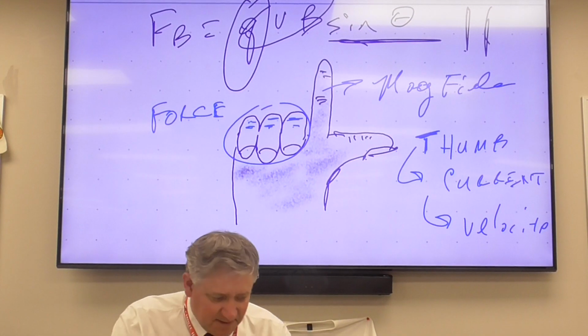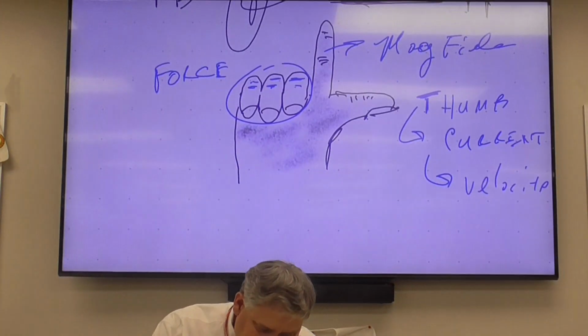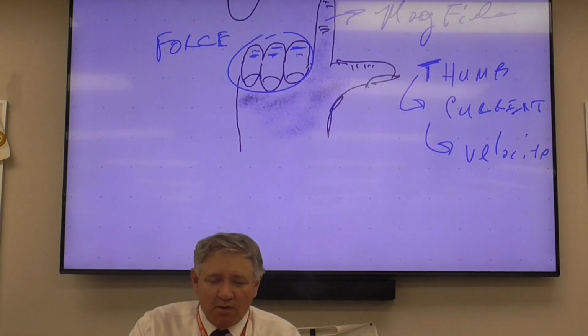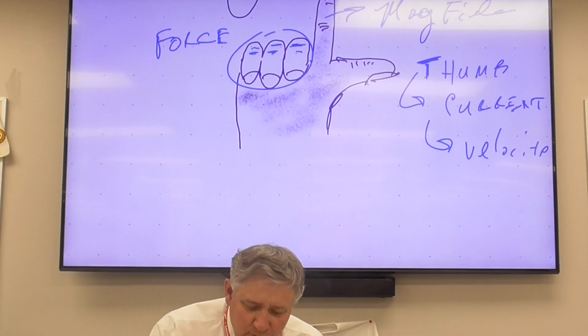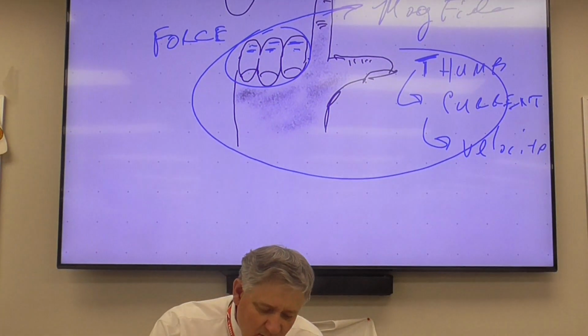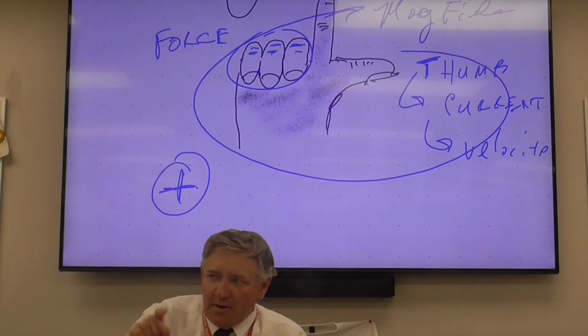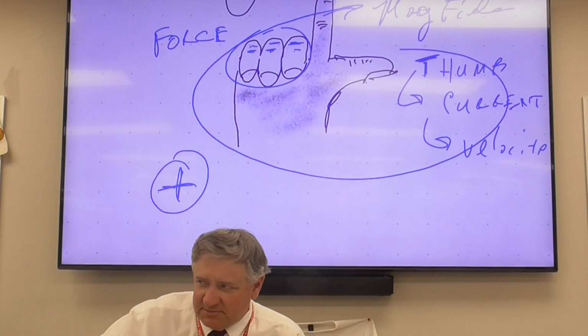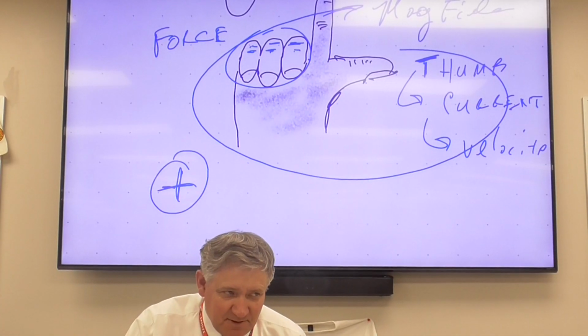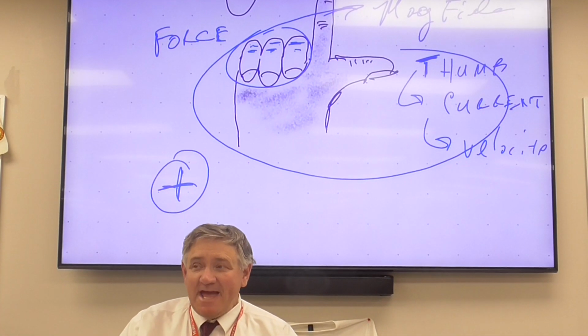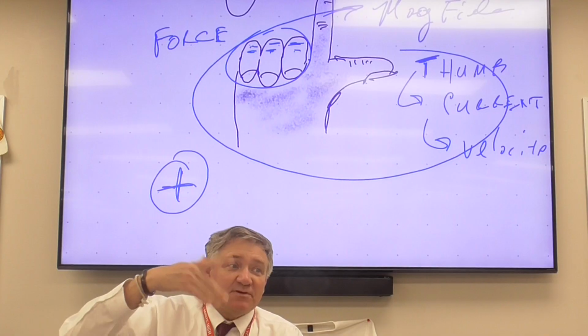So, here's a simple example. First off, and this is important, the right-hand rule only works for positively charged particles, okay? It does not work for negatively charged particles. You can, but you just reverse it.